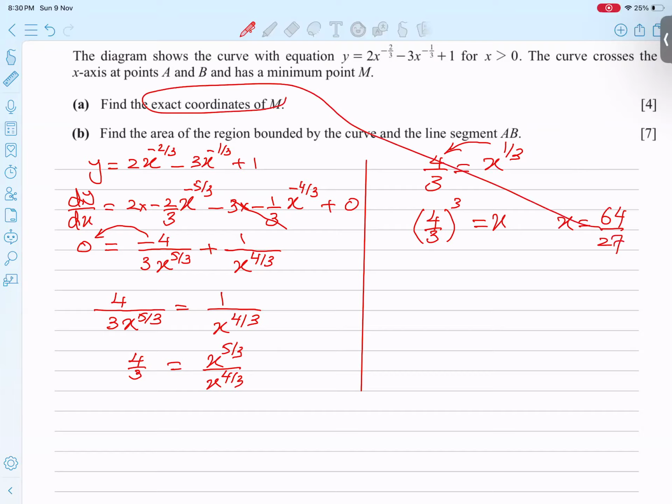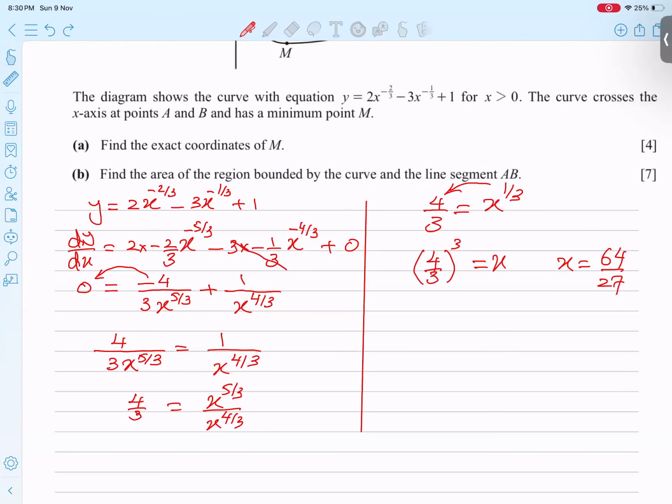He is asking for exact coordinates. So I got X. Now I'm looking for the Y coordinate. How to get the Y coordinate? We have to plug this X coordinate into this equation and simply get a Y value. So the Y value is going to be 2 times 64 over 27 to the power negative 2 over 3, minus 3 times 64 over 27 to the power negative 1 over 3, plus 1.